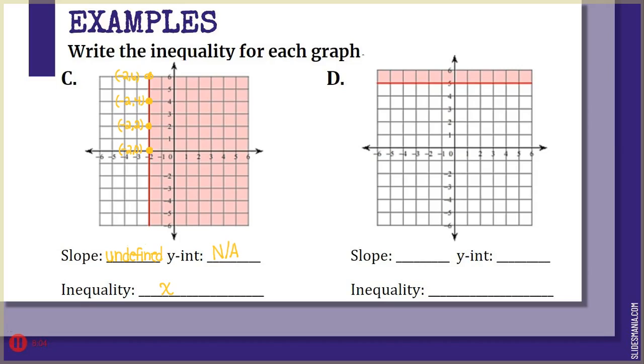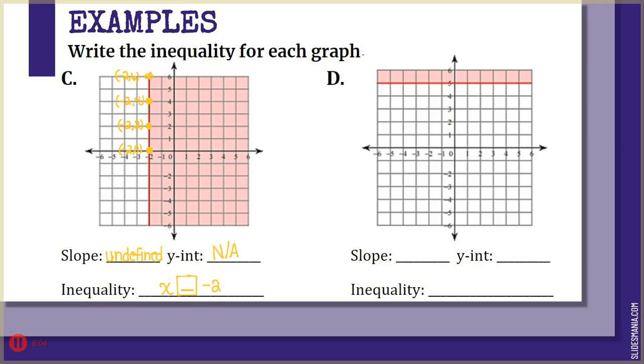Every single x value is negative 2. So that means we're going to have x, and then we either are going to have greater than or less than. So I'm going to leave that box alone for now. And I'm going to ask, is it equal to or not equal to? And it is, because it's a solid line, so we know we're going to have a line underneath.